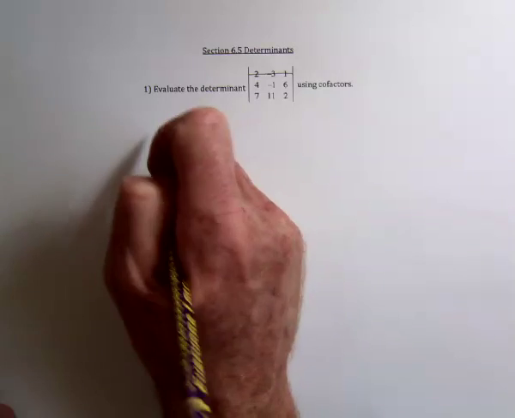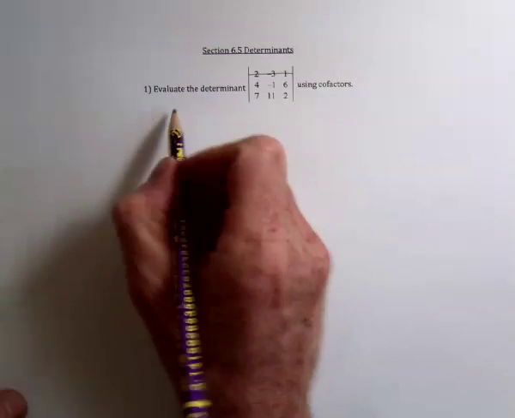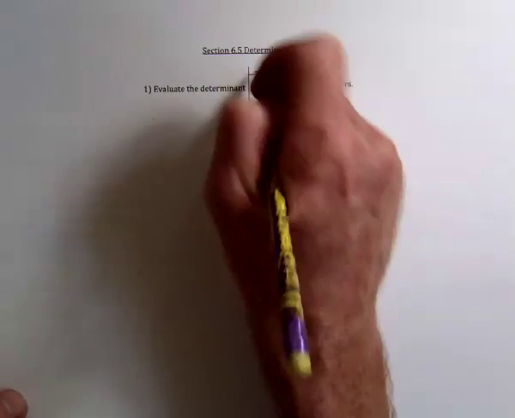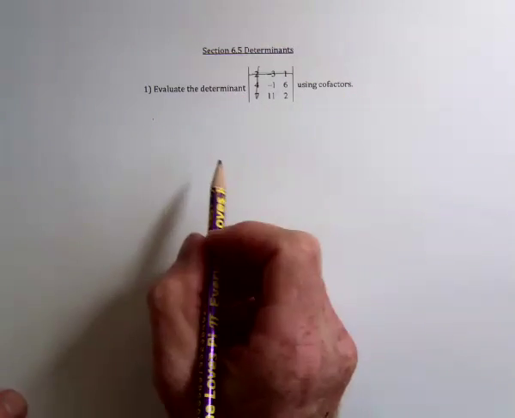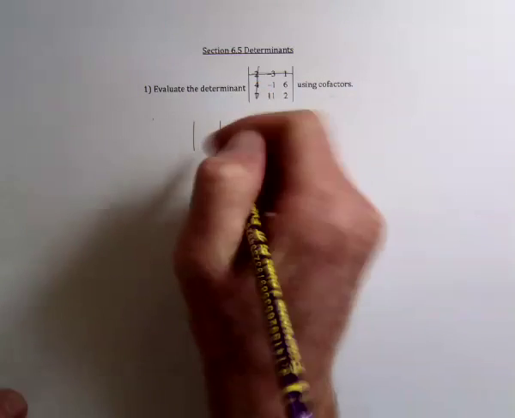So when we cross out this row and this column, we get this 2 by 2 determinant.